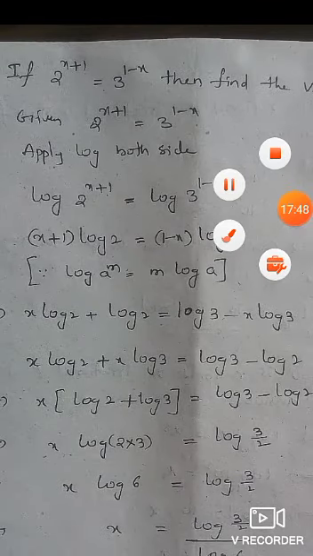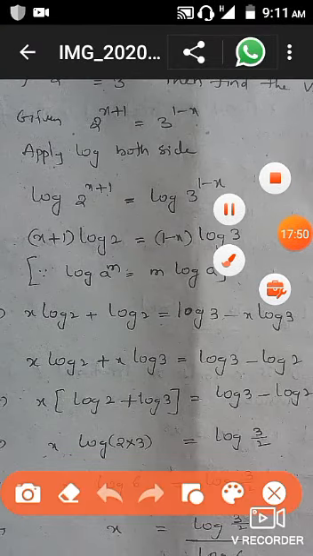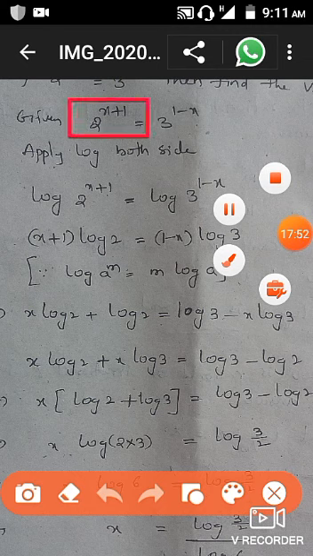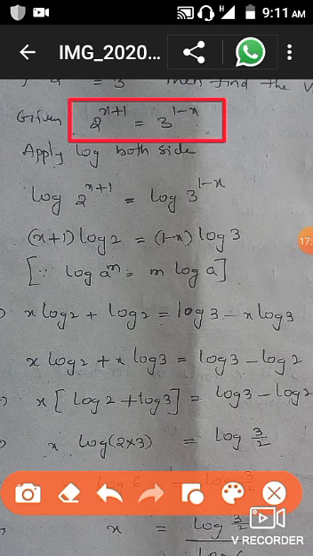By using that condition we have to find x.